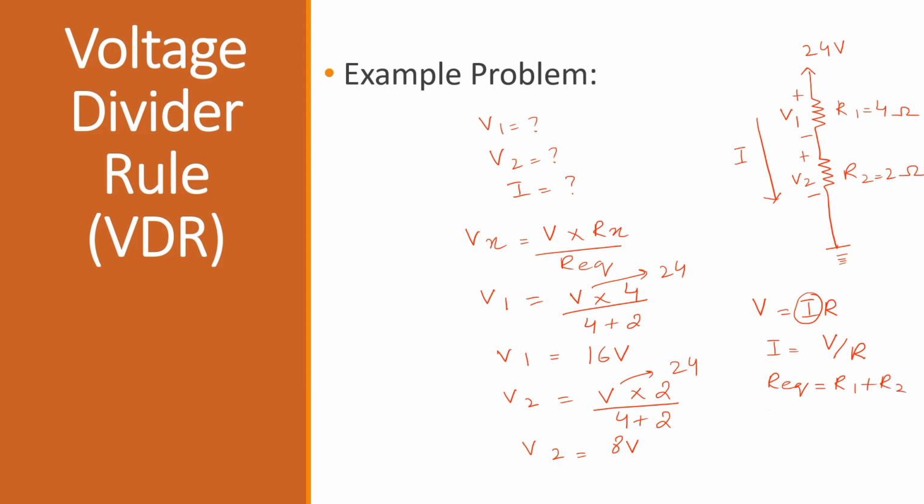Now I will become V divided by R1 plus R2. Here we know that V is 24, R1 is 4 and R2 is 2. After solving, we get I is equal to 4 amperes. So these are your unknown values.